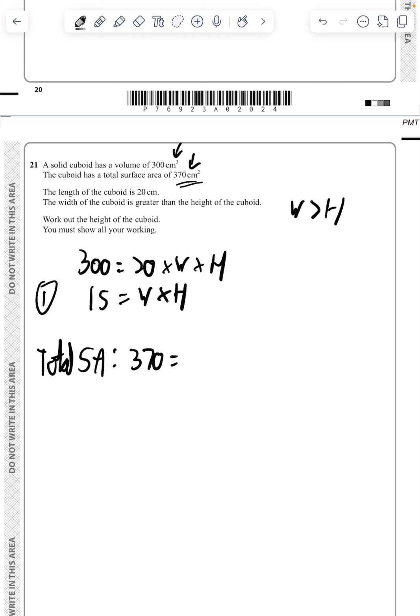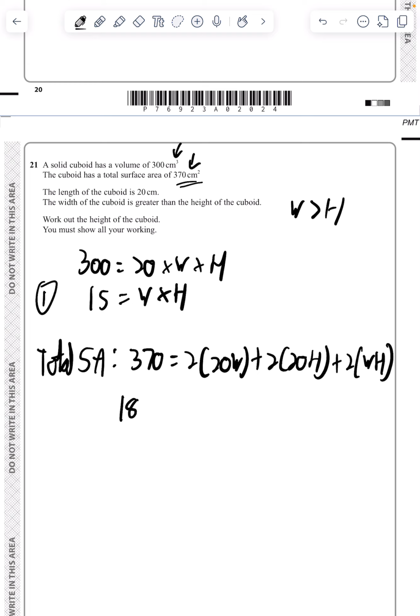370 equals 2 of 20 plus 2 h plus 2 with height. I'm going to divide the whole thing by 2 actually, that would make things easier.